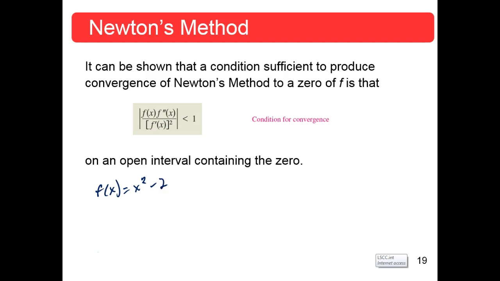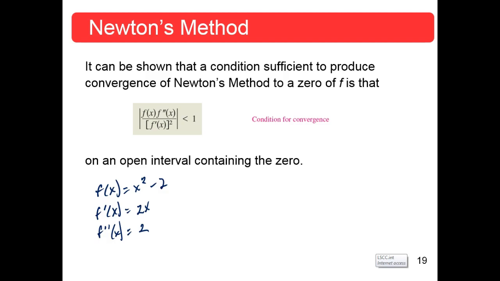Now, to do this, f prime of x is equal to 2x. We already did this. What we didn't do before was f double prime of x is equal to 2. Do you remember what we used as x sub 0 as our first step on this one? I believe it was 1.